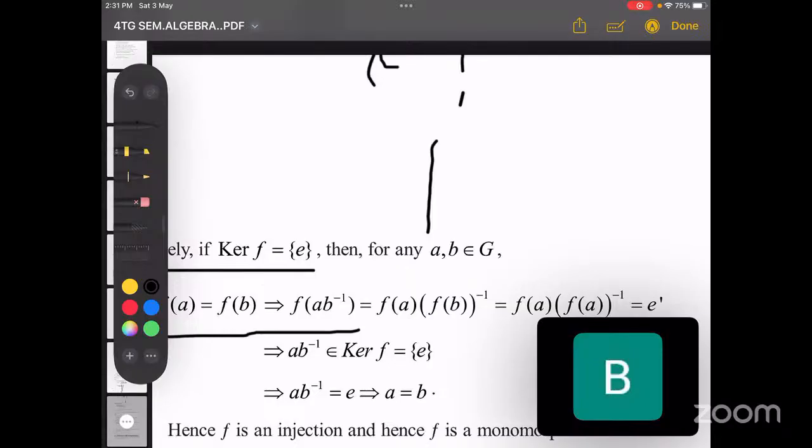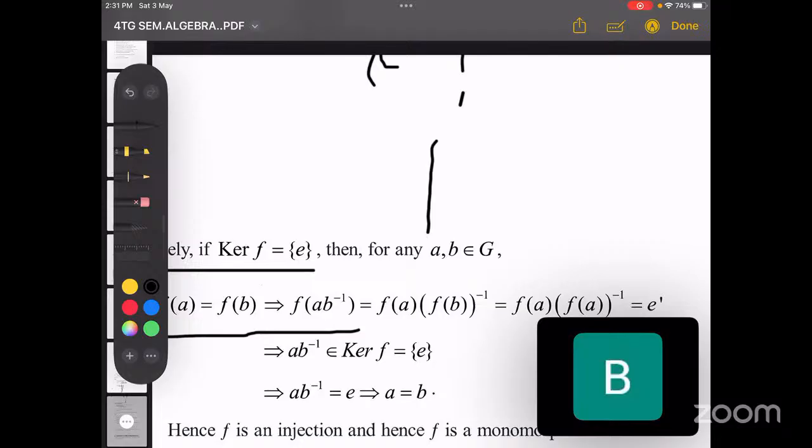Here, in place of B we are substituting A, so f of A into f of A inverse is equal to E dash. So this implies AB inverse belongs to curl F equals to identity element E, which implies AB inverse equals to E.